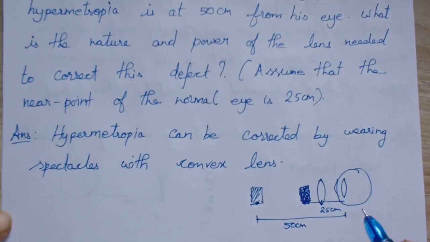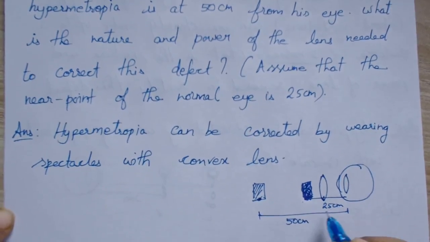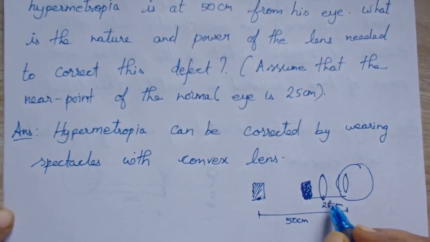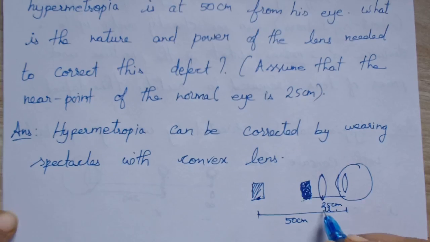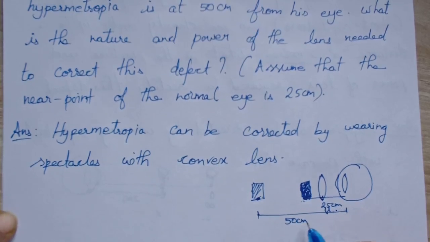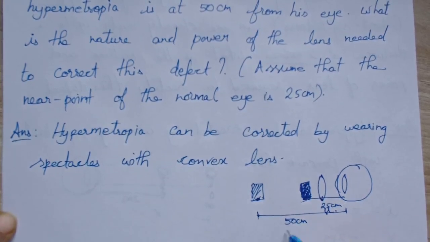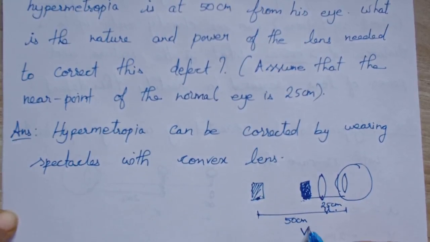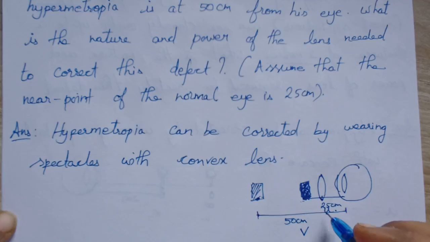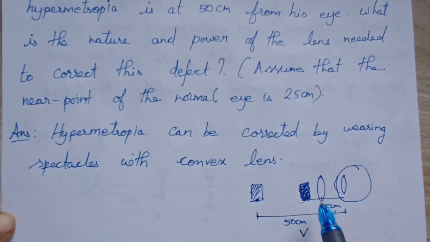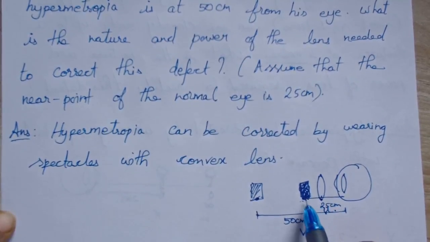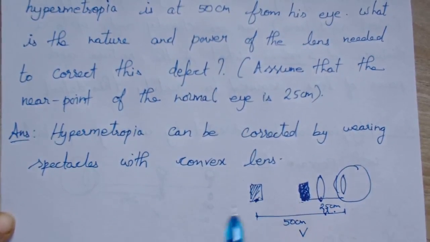This is your actual object distance. Your object distance should be at 25 centimeter, but he is not able to see that. So we are trying to bring the image at a distance of 50 centimeter. So your image distance will be 50 centimeter and your object distance will be 25 centimeter. We are trying to bring the image of the object present at 25 centimeter to 50 centimeter.